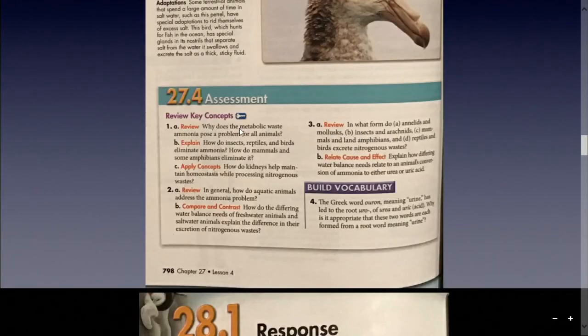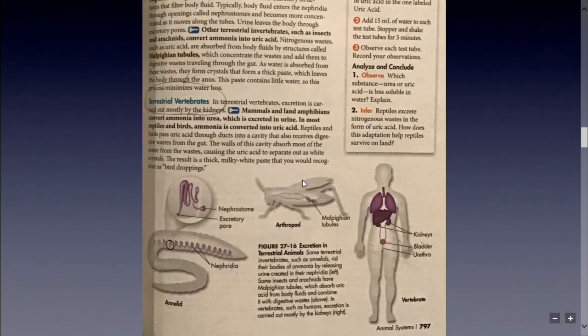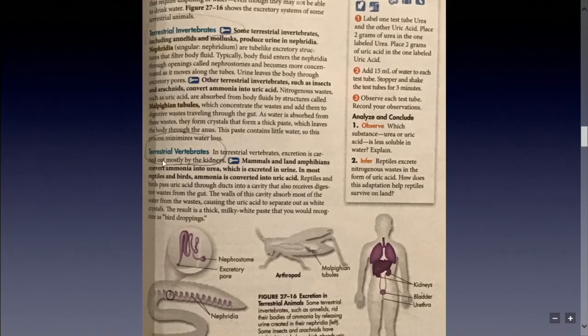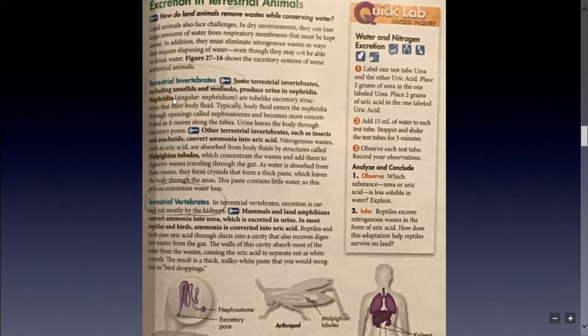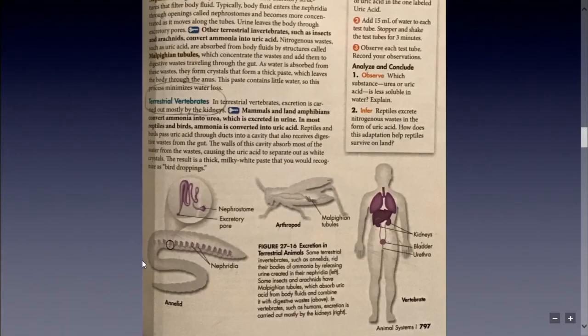Insects and arachnids, they're here. The insects and arachnids. So where was that sentence? Do you remember? Insects and arachnids. Where did I see that sentence? Oh, sorry, I'm far away.